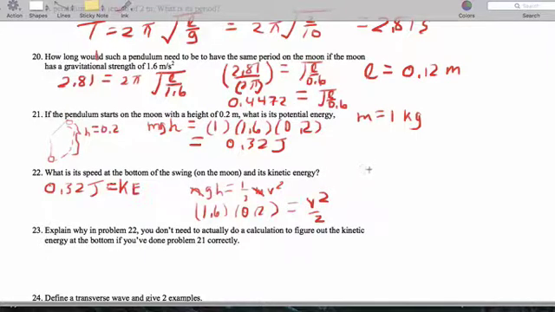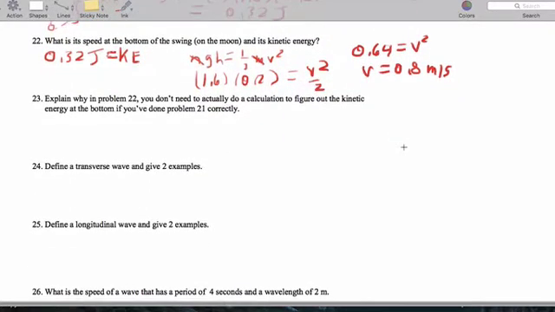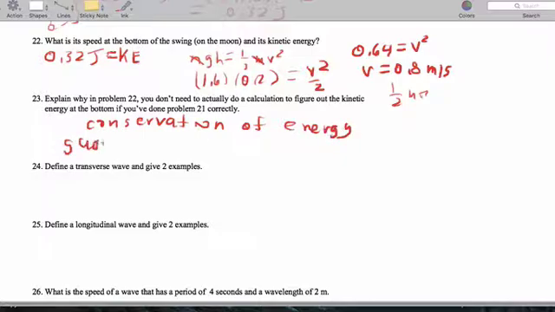So we end up getting that 0.64 is v squared. V ends up being 0.8 meters per second. And the explanation for 23 is you don't need to calculate the kinetic energy by doing 1/2 m v squared again. Conservation of energy guarantees that Eg equals Ek.